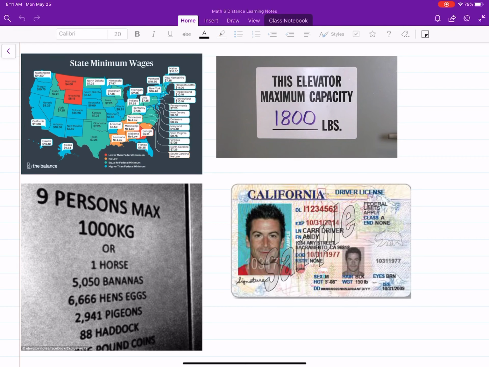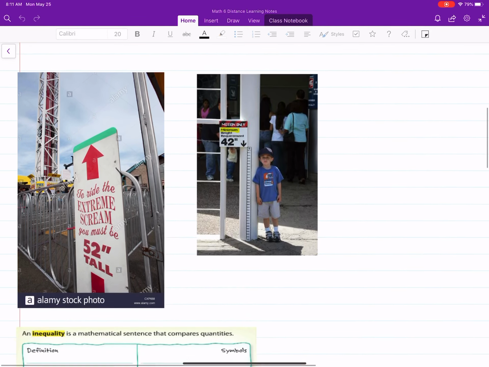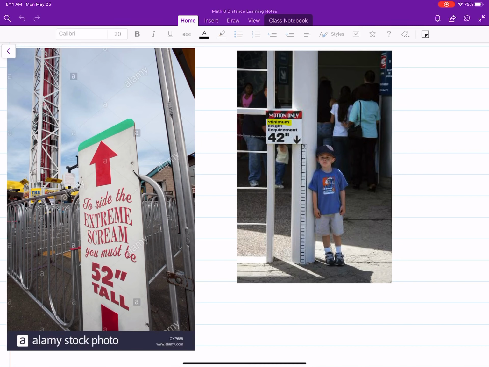Okay, I have more images. Hold on. These ones you'll really relate to. Do you remember when you were too short to go on the roller coaster you really wanted to ride? The minimum height requirement for this motion only one is 42 inches, so not quite 4 feet.